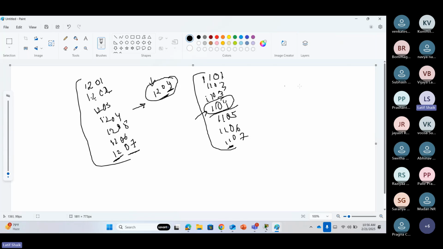Even an actual textbook example is there, called floor numbers. On the first floor, it's 101, 102, 103, 104. On the second floor, door numbers are 201, 202, 203, 204, then 301, 302, 303, like that.